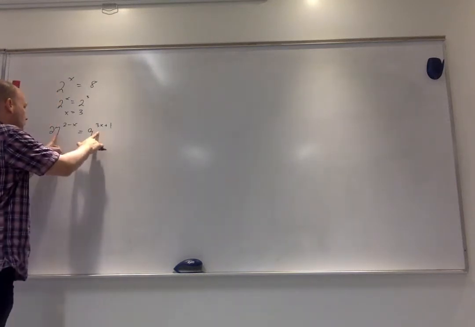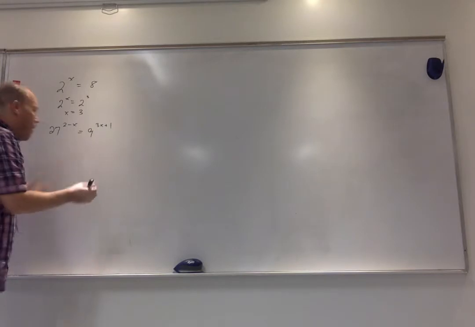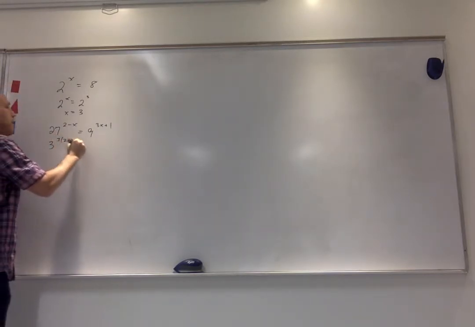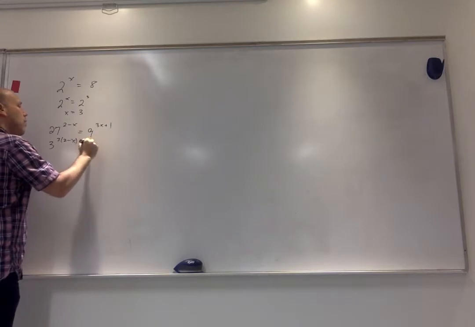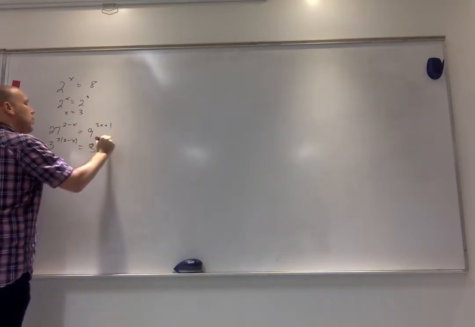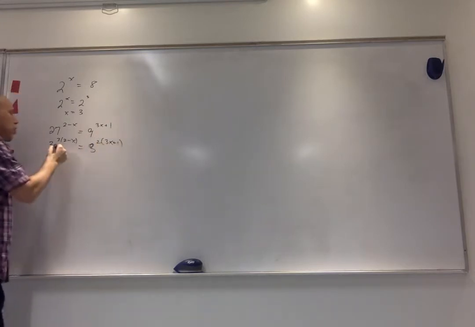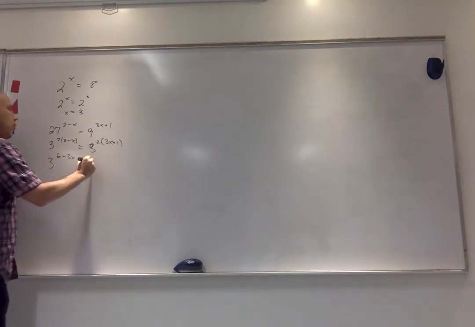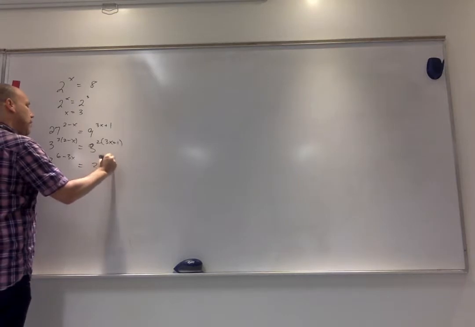I can turn everything to the base 3: (3^3)^(2-x) = (3^2)^(3x+1). And so you got 3^(6-3x) = 3^(6x+2).